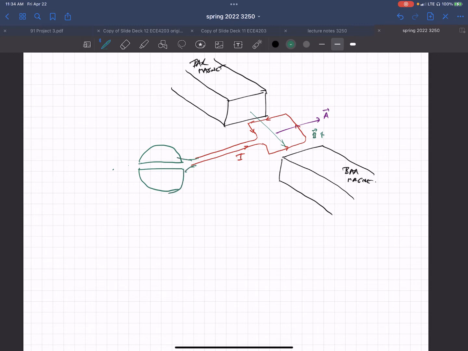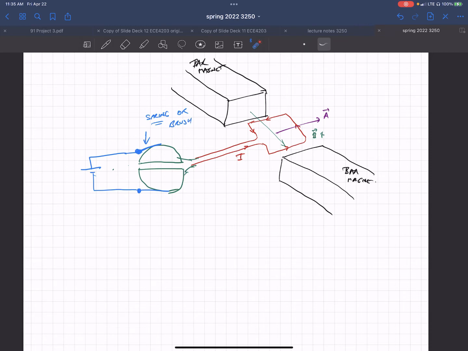Connect this to this, and that to that, and then you have your battery or DC source connected with a spring to this side. Call it a spring or a brush.